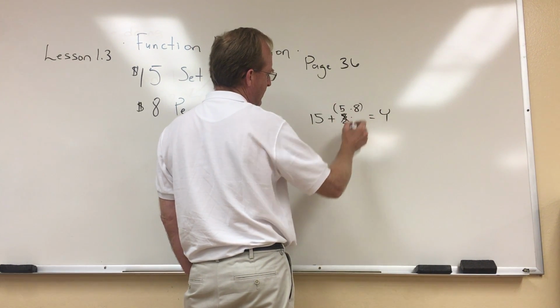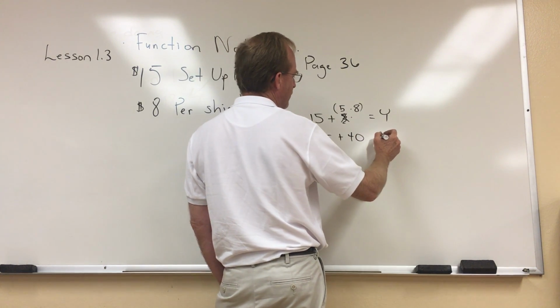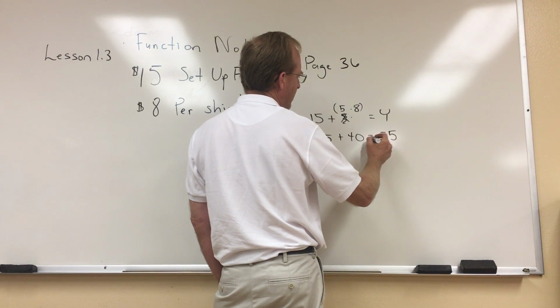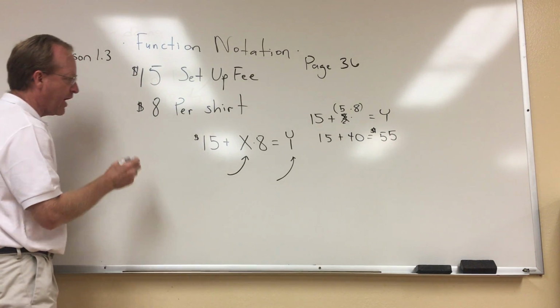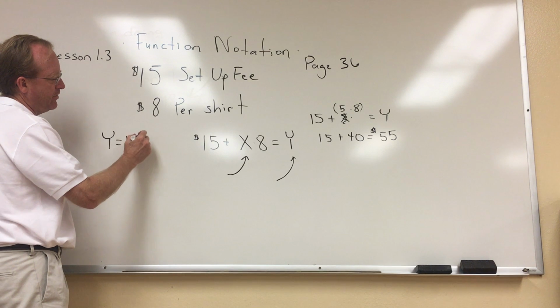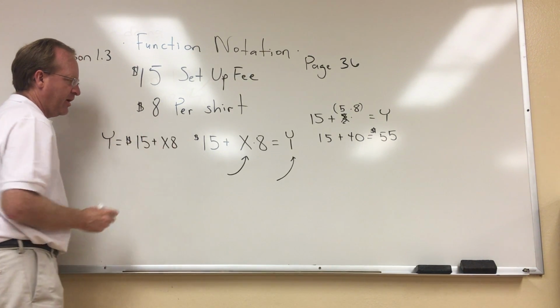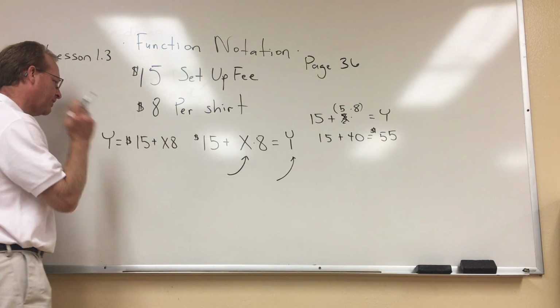So 5 times 8, that's 40, plus 15. Total cost of the shirts is going to be $55. Now, I could write it as y is equal to $15 plus x times 8, and there'd be no difference. You know, we would just do the math and y would come out.